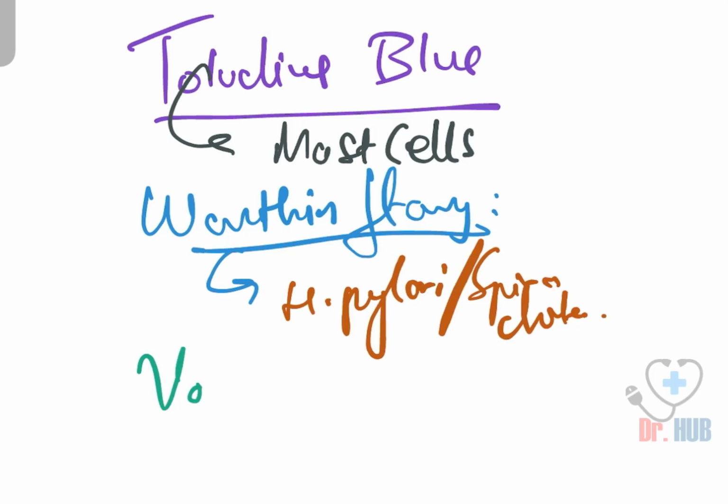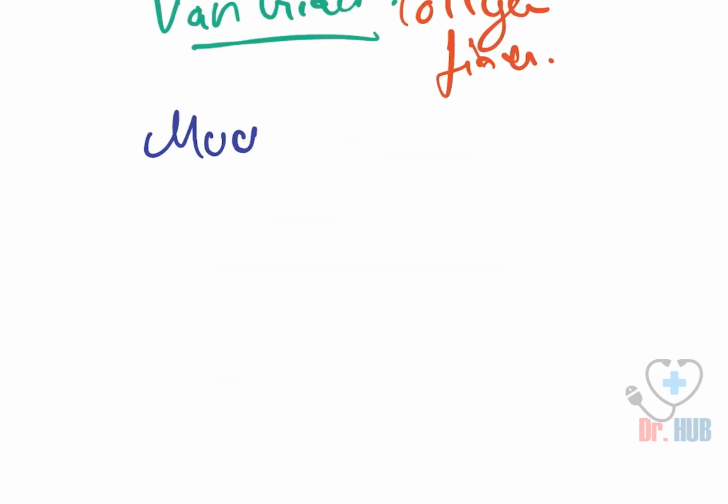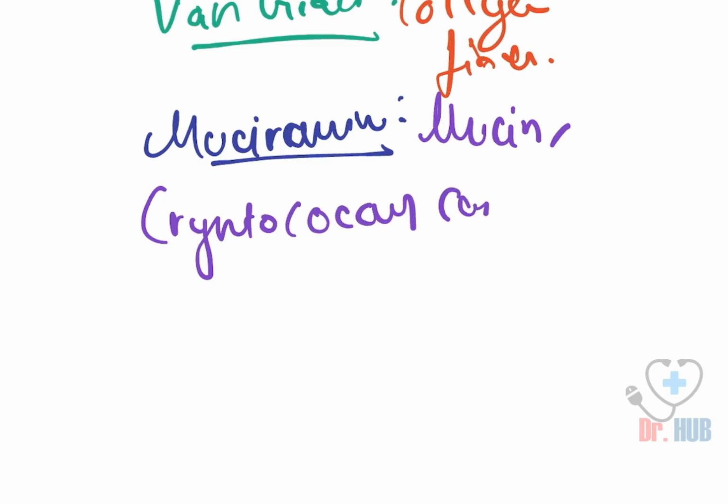Next, we look at the Van Gieson. So this is used for the collagen fibers. Then looking at the mucicarmine. So mucicarmine is used in case of the mucin and the Cryptococcus capsule.